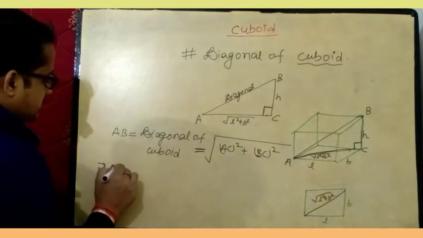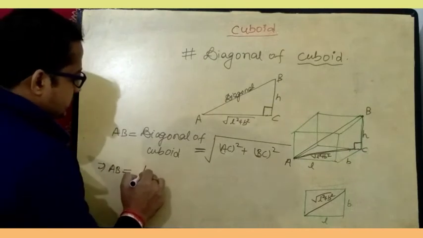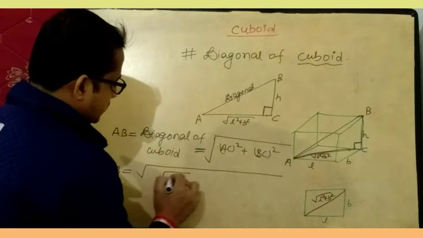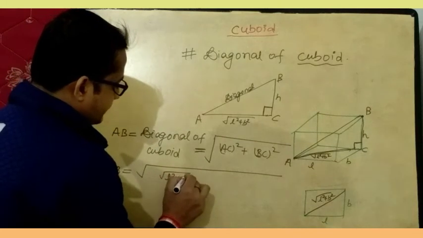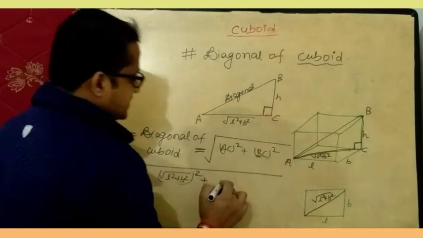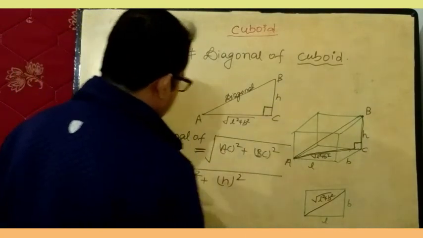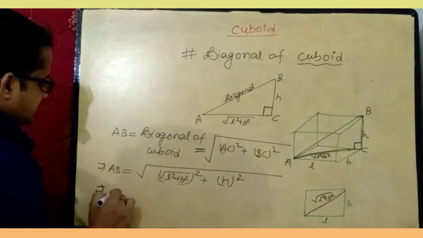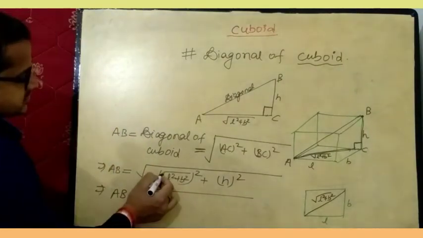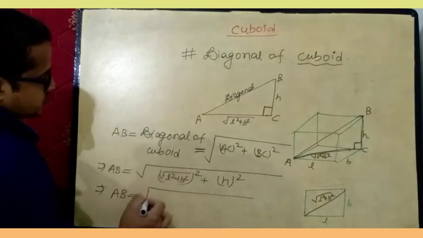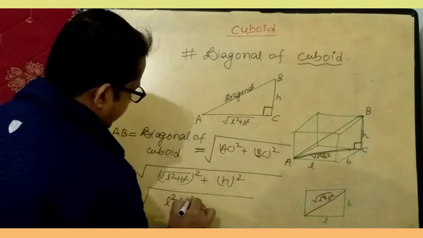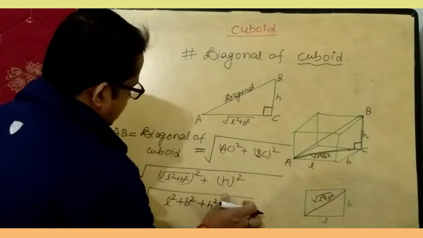Now AB equals root over AC, which is root L square add up B square, whole square, add up BC, which is H, whole square. That is, AB equals root over, this root and this square get cancelled out, so you will get L square add up B square add up H square.